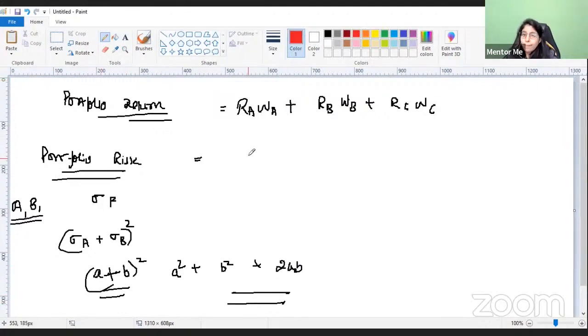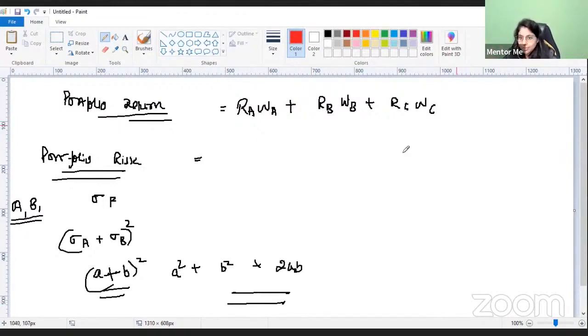So where standard deviation 1 into weight 1 will be the A, and standard deviation 2 into weight 2 will be the B, as in the two securities 1 and 2 in our portfolio.